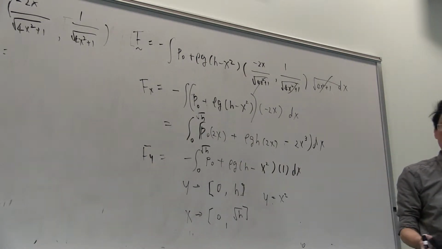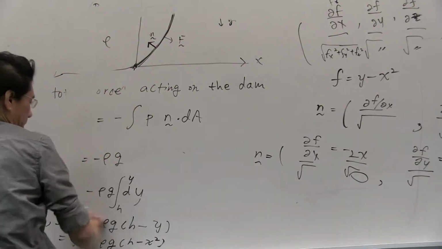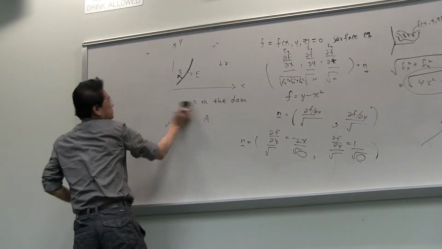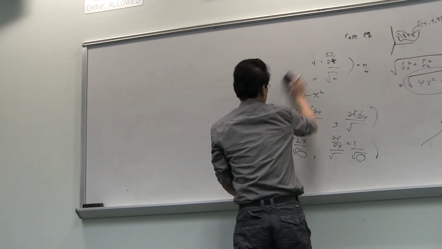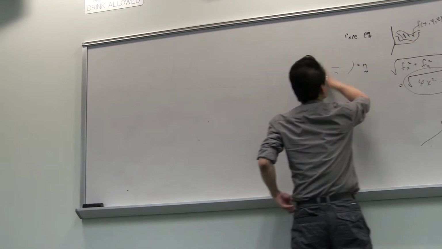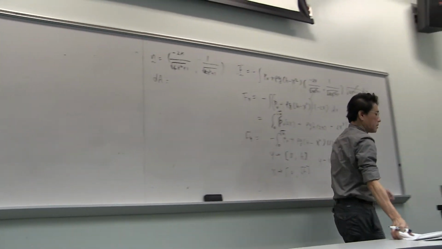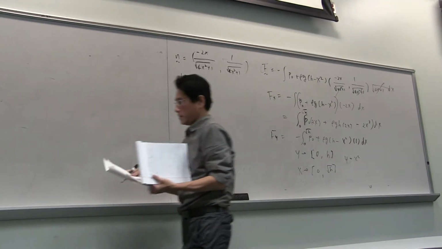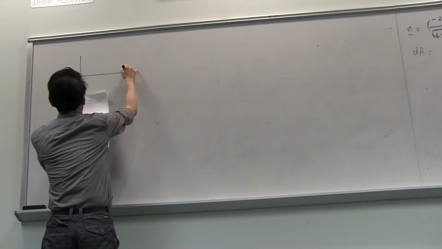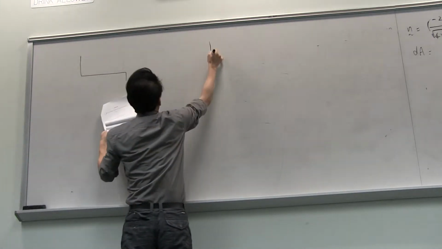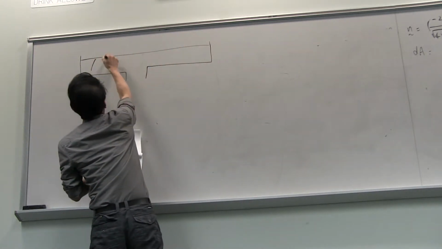This problem is about how you apply the Bernoulli equation. You have a very large reservoir, a very large tank filled with liquid, maybe water.